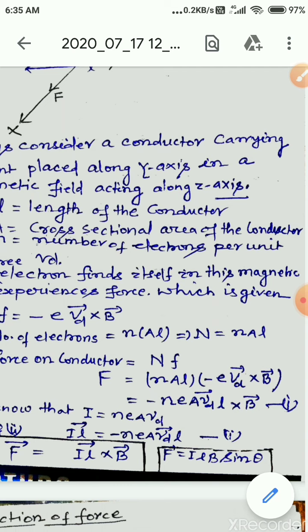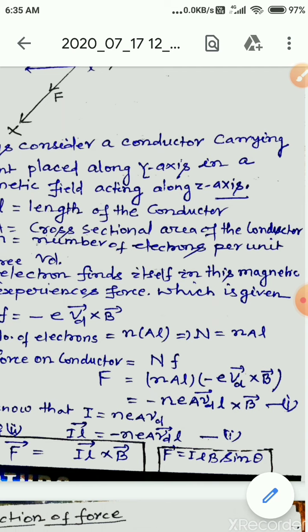Now we know that current in terms of drift velocity is given as I is equal to n e A Vd. Multiply both sides by L. The product of I into L is known as current element and is treated as a vector quantity. Its direction is along the current flowing in the conductor.